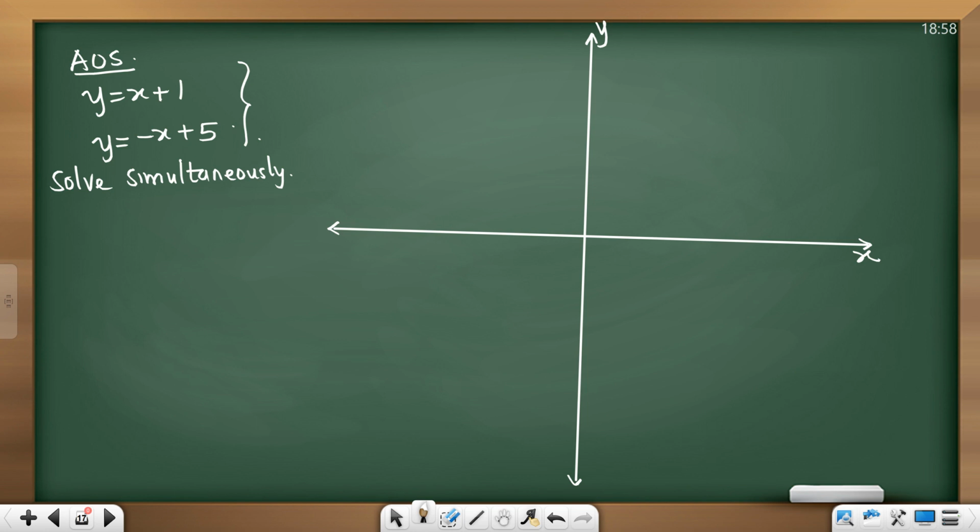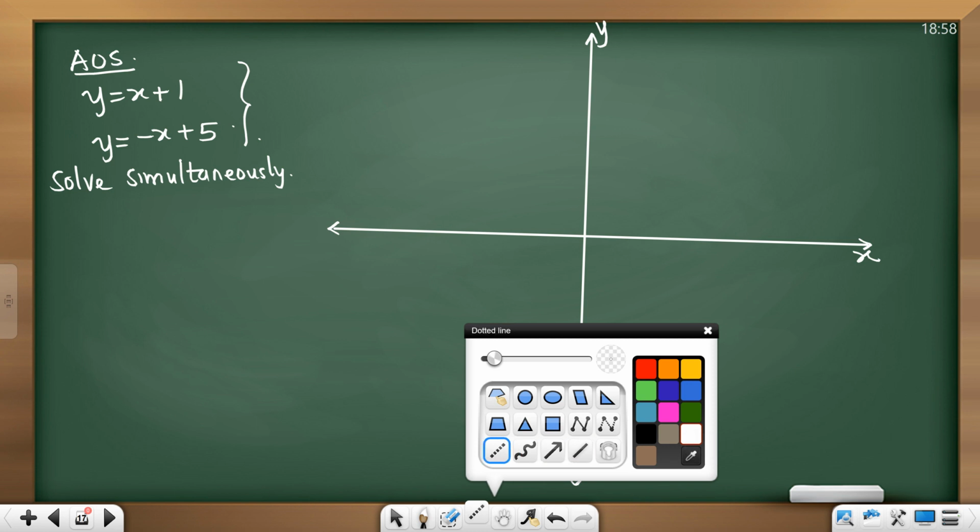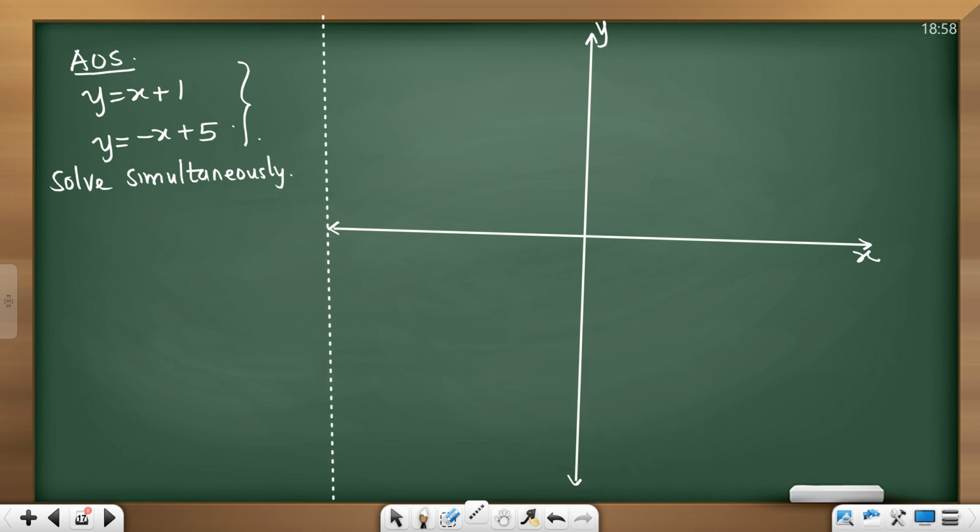Tell me your answer for x and y. Such an important session. Solve simultaneously and give me the value of x and y.